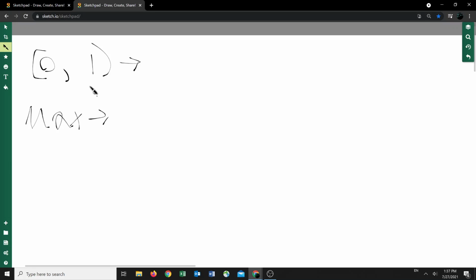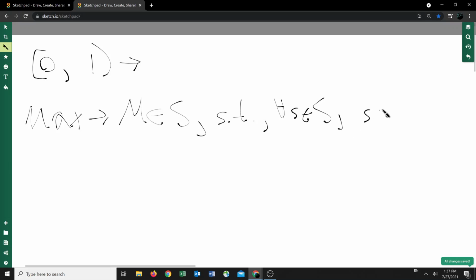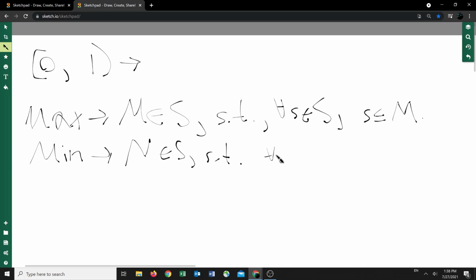I should have defined this earlier, but the maximum is an element, call it M, in our set S, such that for all S in capital S, S is less than or equal to M. Respectively for the min, it's the same thing, but let's take n in S such that for all S in S, n is less than or equal to S.